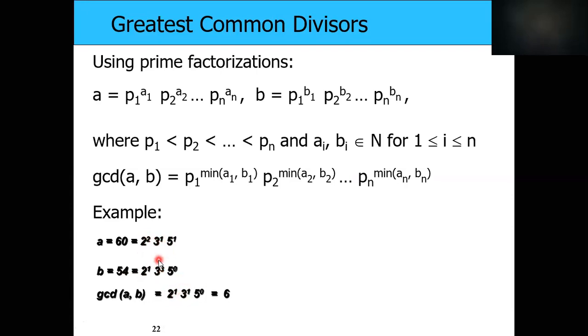For 3, the minimum of 1 and 3 is 1. For 5, the minimum of 1 and 0 is 0. If you multiply these, you will get the GCD of A and B, which is 6.